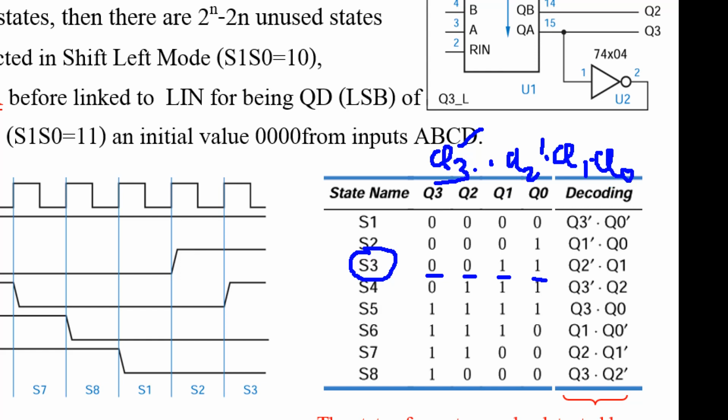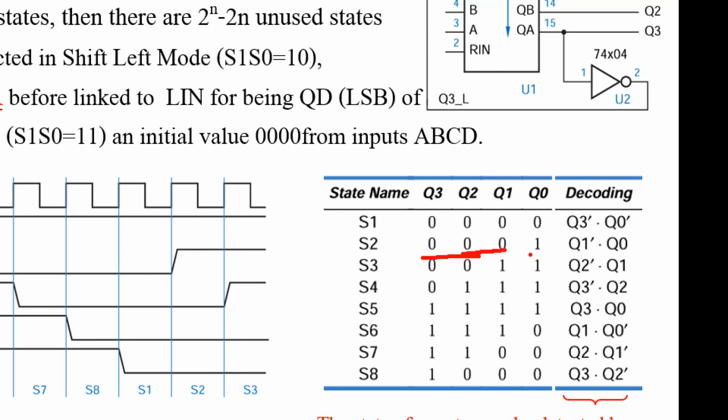If this condition is true, the output should be 1. Anyway, for the Johnson counter or ring counter, note this state: if this is 0, 0, 0, 0, this is the one, and if this is 0, 0, this will be 1.